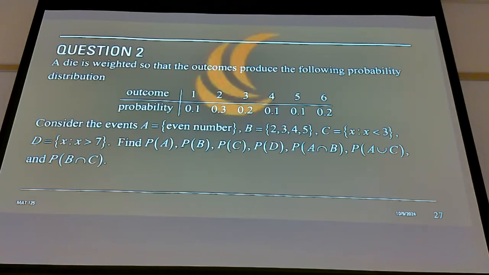Or is it 1? Did I say intersect? I said union. So you roll even or less than 3. How can you roll an even or a less than 3? What is it?